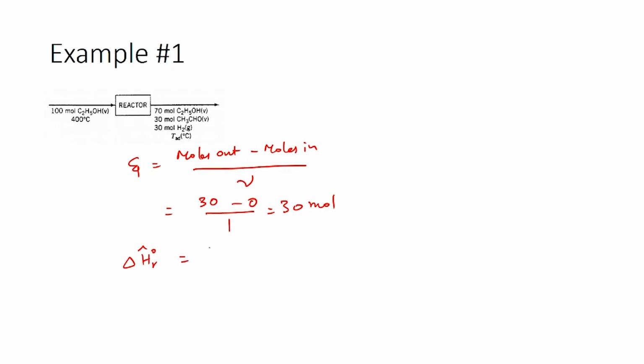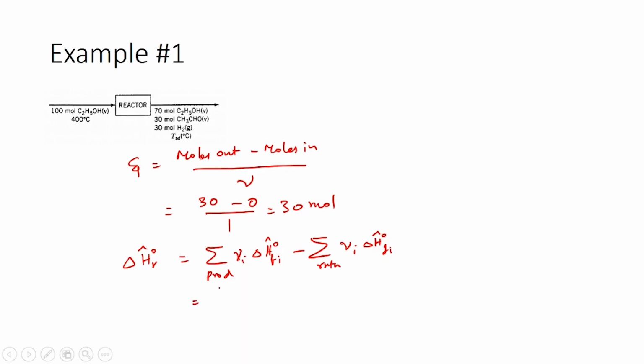So, you would have sigma nu i delta HF cap. So, this is the standard heat of formation for products minus similar value for reactants. You would have stoichiometric coefficient times heat of formation for the reactants.